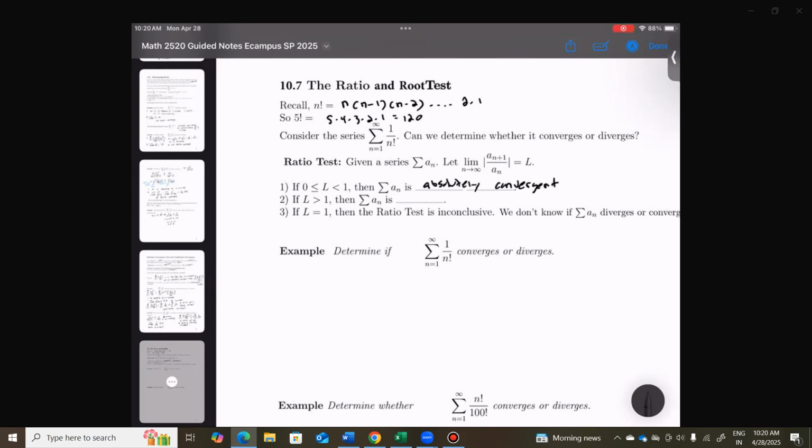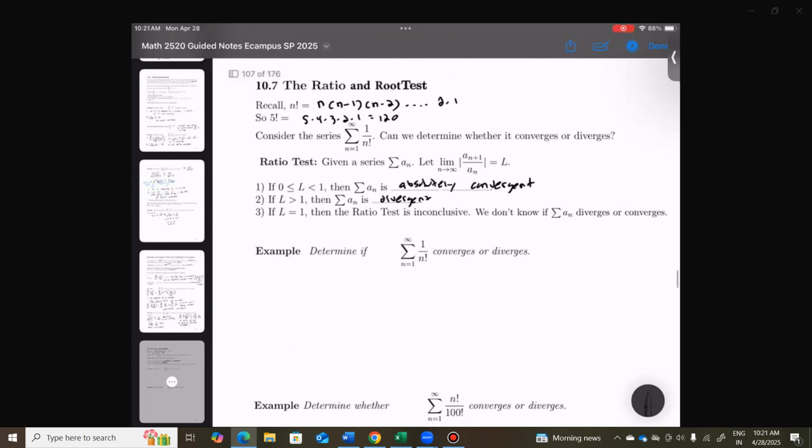If L is greater than 1, then the summation is divergent. And if L is equal to 1, then the ratio test is inconclusive. We don't know if the summation a sub n diverges or converges. So there's a possibility that this test doesn't end up helping.